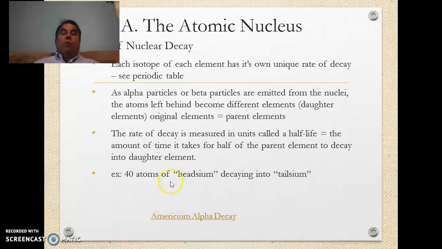So if you start with 40 and shake them once, one half-life, then statistically half of them would decay into tailsium. If you take those tailsium and set them to the side and then shake the hedziums, then of the 20 hedziums remaining, 10 would decay into tailsiums. A silly illustration, but it's effective.